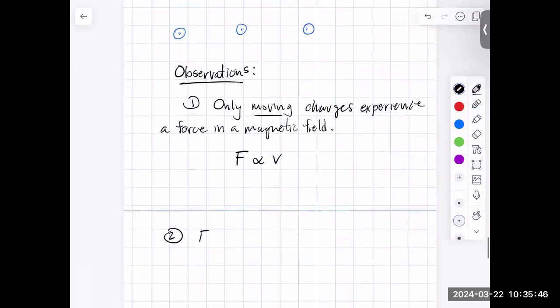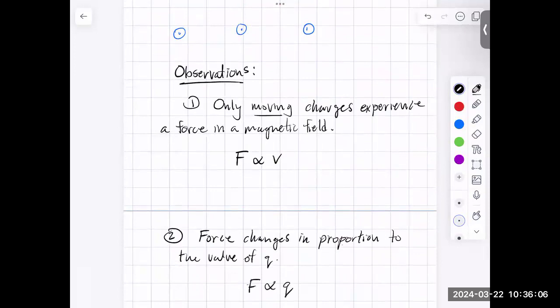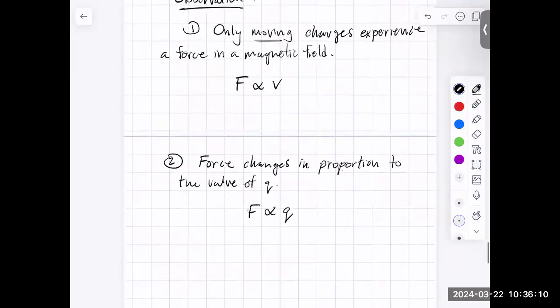So the force changes in proportion to the value of Q. So F, the magnitude of the force, is proportional to Q. All right.